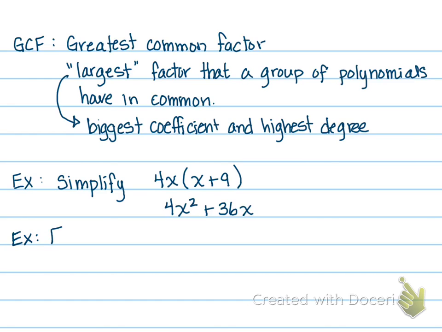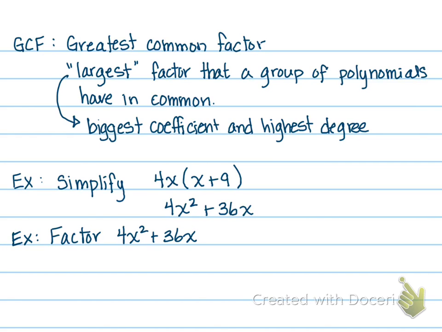If we are given 4x squared plus 36x and asked to factor it, we're just doing that exact thing in reverse.